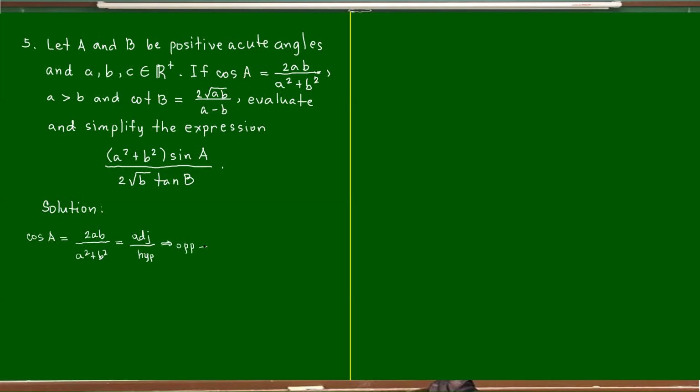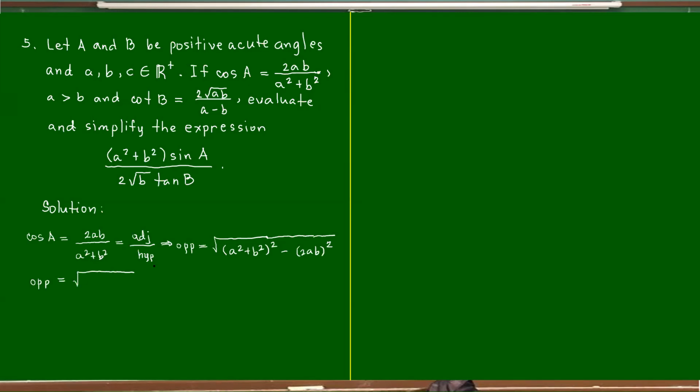To solve for the opposite, that is equal to the square root of the hypotenuse quantity squared, A squared plus B squared, quantity squared, minus the adjacent, that is 2AB quantity squared. Okay? Yan. So, opposite therefore is equal to square root of.